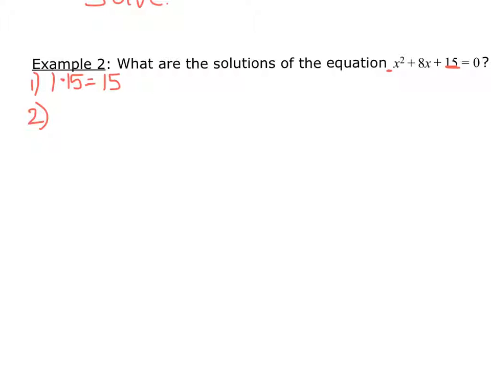Next, we're going to factor. So what are the factors of 15? 1 times 15, negative 1 times negative 15, 3 times 5, negative 3 times negative 5. That's beautiful. I think that's all of them, yes?